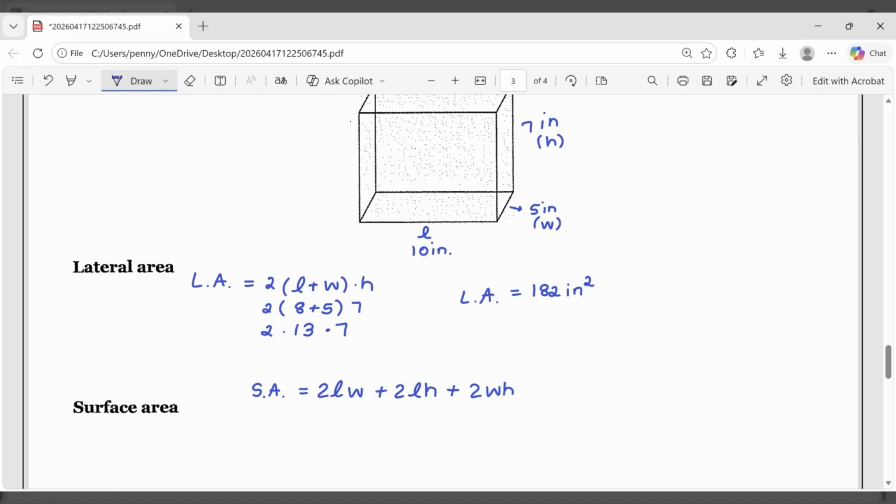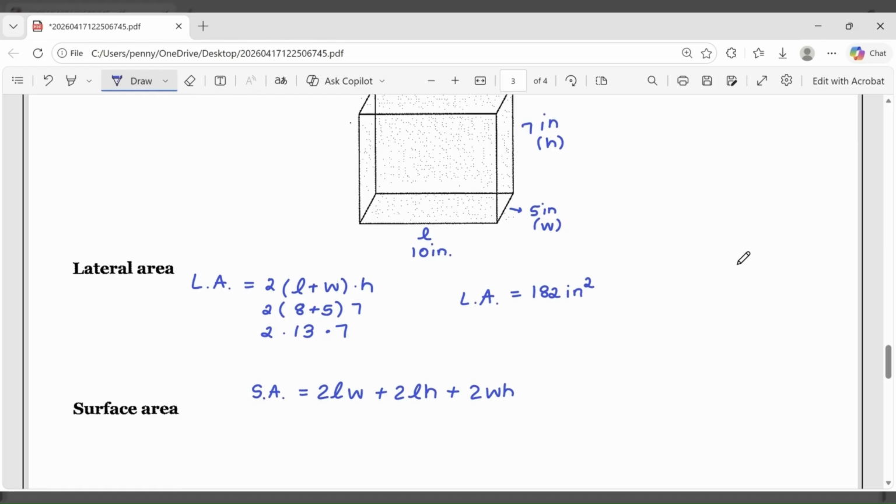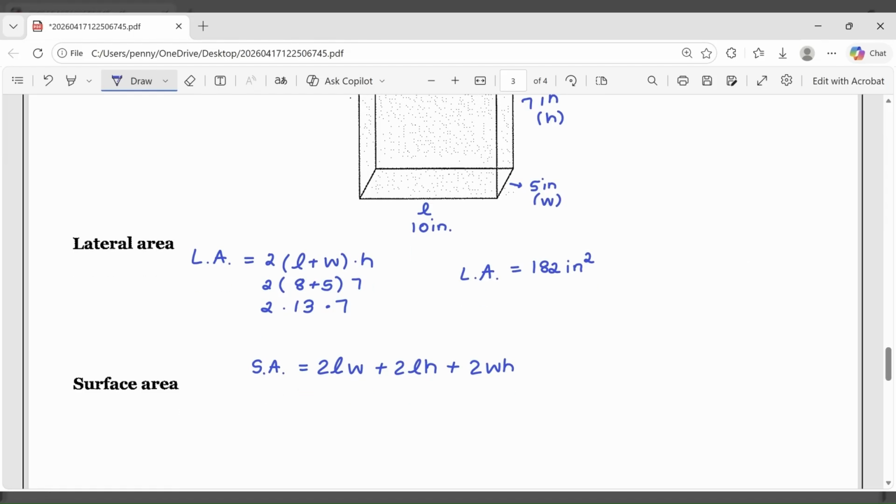All right, so now we're going to substitute in those values. So we know that the length was 10, so 2 times 10 times width of 5 plus 2 times length of 10 times height of 7 plus 2 times width of 5 times a height of 7.